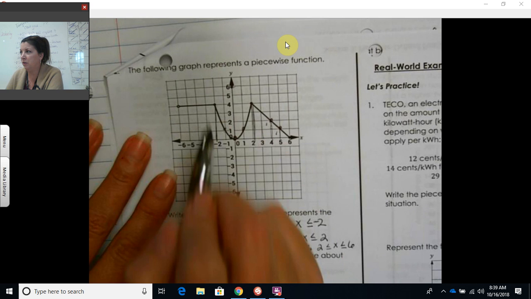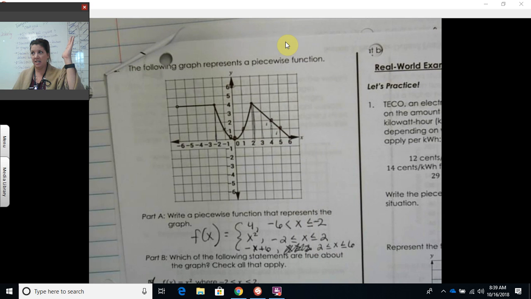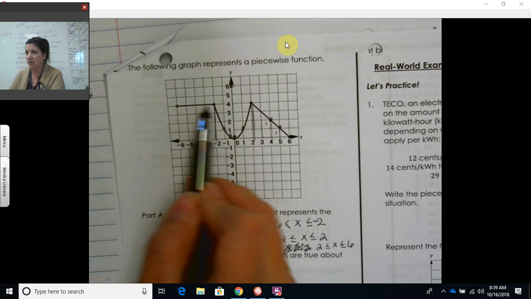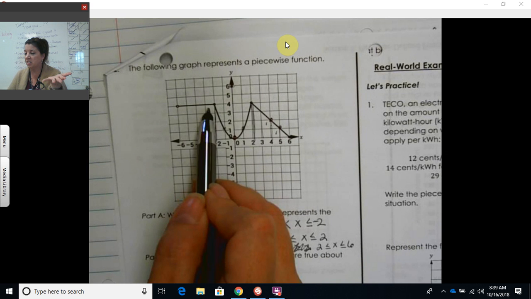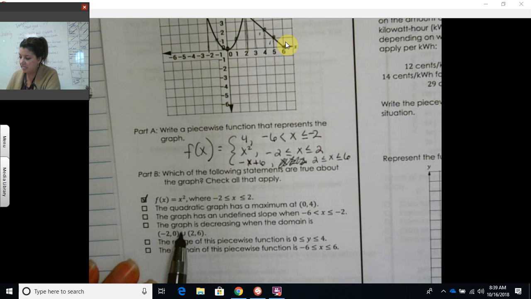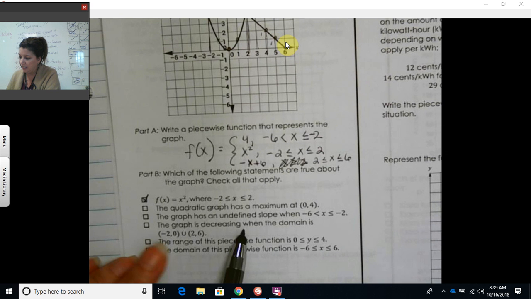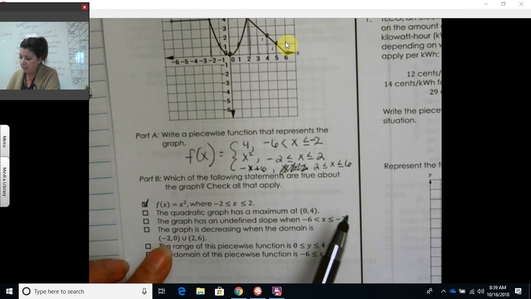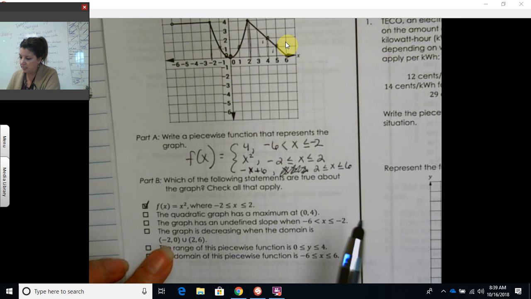That's a tricky one, right? A vertical line has an undefined slope. A horizontal line has a slope of 0, because you have a rise of 0, a run of 4, so that would reduce to 0. So horizontal has a slope of 0. Vertical line has an undefined slope. That was a tricky one. The graph is decreasing when the domain is between -2 and 0, and also 2 to 6.